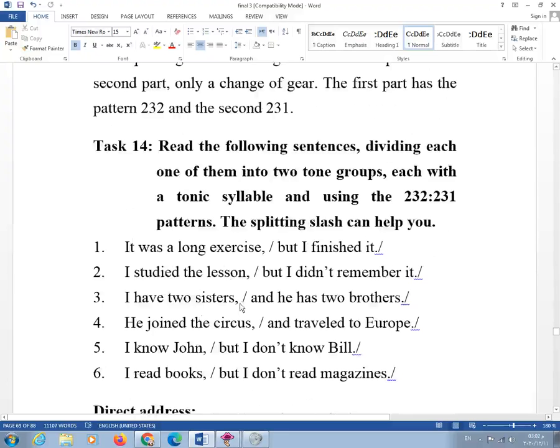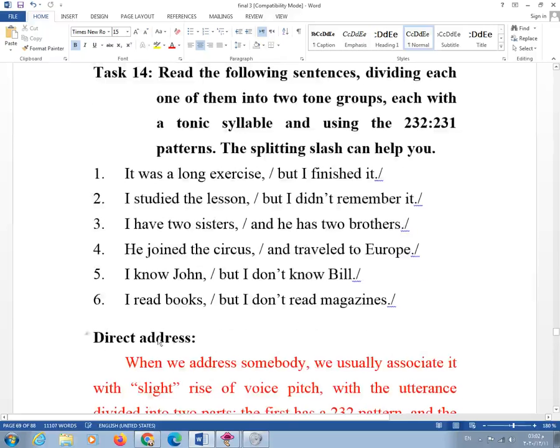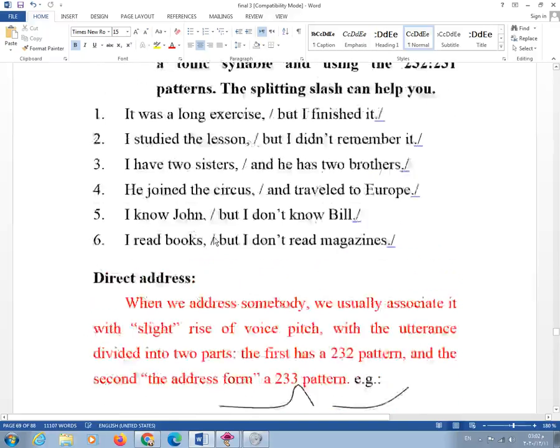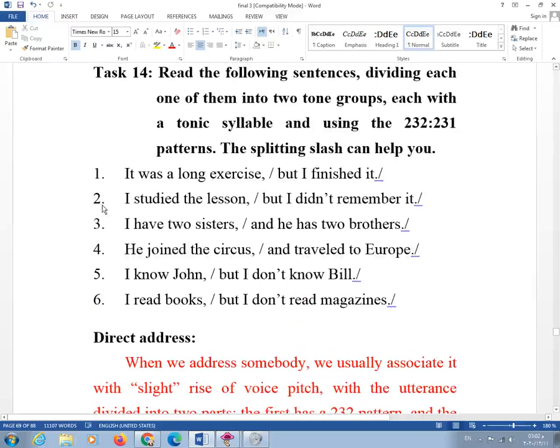He joined the circus and traveled to Europe. I know John, but I don't know Bill. John and Bill. Okay, I read books, but I don't read magazines. Okay, so as you see, 2 3 2, 2 3 1, 2 3 2, 2 3 1.